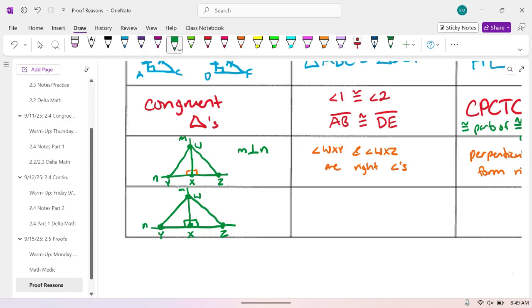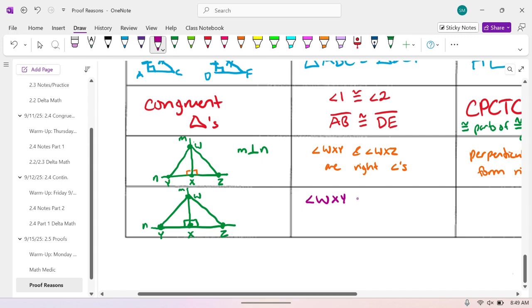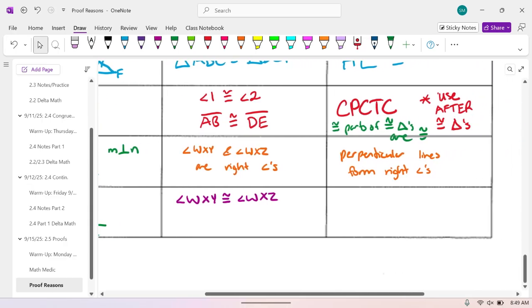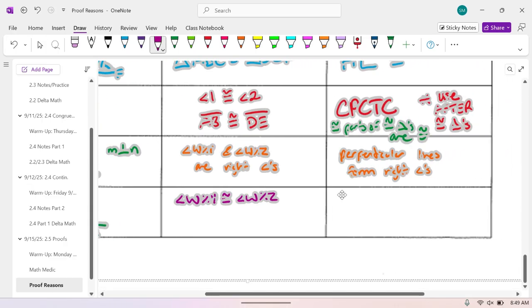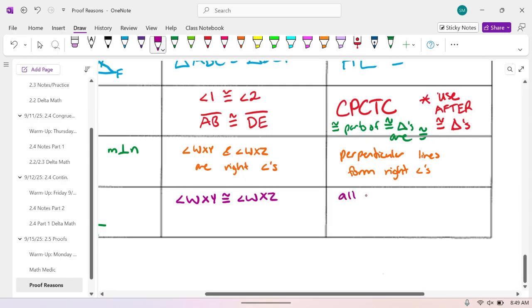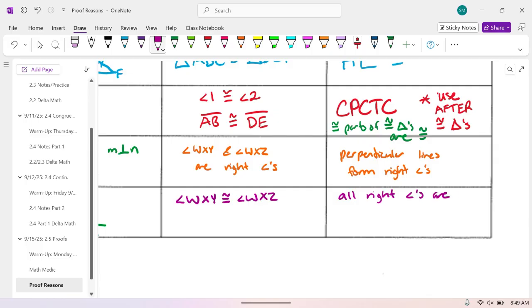So there are two different statements that you can get from this. The first one is that angle WXY is congruent to angle WXZ. And that's just because if they're both right angles, well, all right angles are congruent because they're 90 degrees. If you ever see two right angles marked, you can automatically prove they're congruent because they're right angles.